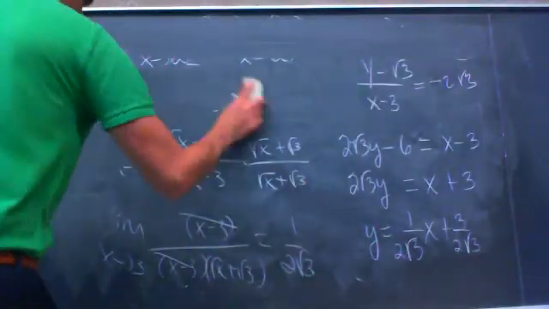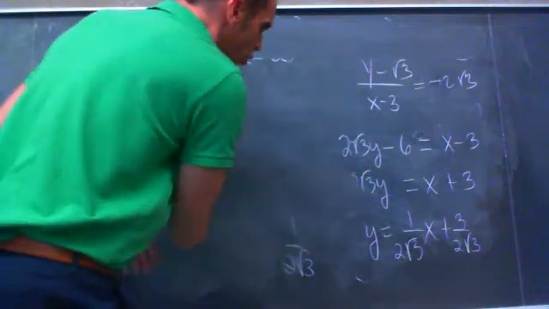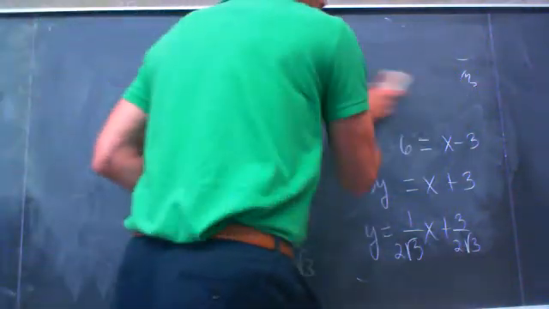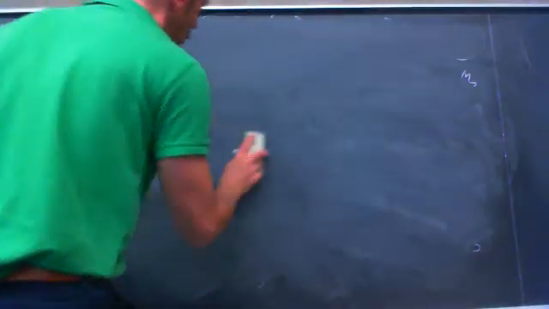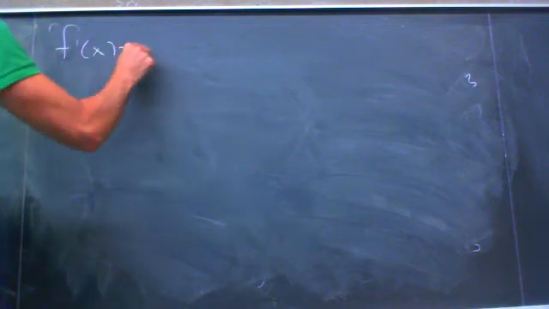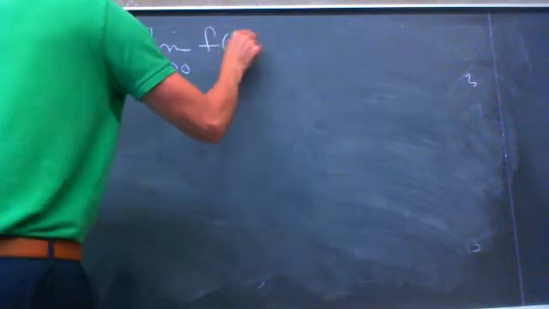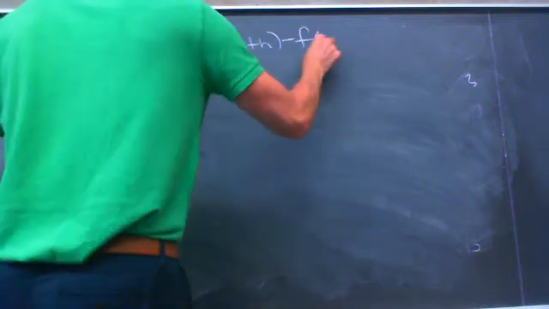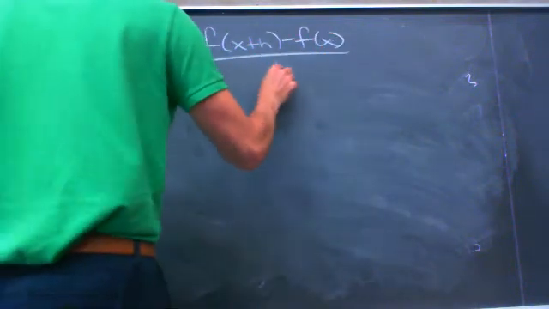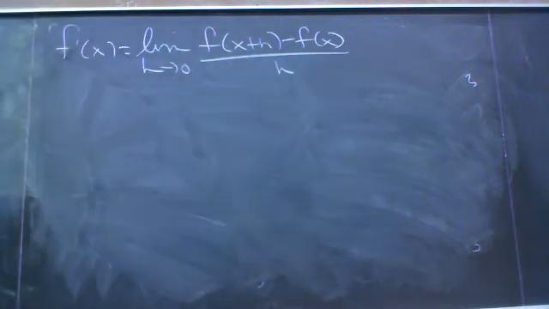And one more actually gives us a function in return, so that if we want the slope at any x value, then this is the one that we will use. It is f prime of x equals the limit as h goes to 0 of f at x plus h minus f at x all over h.